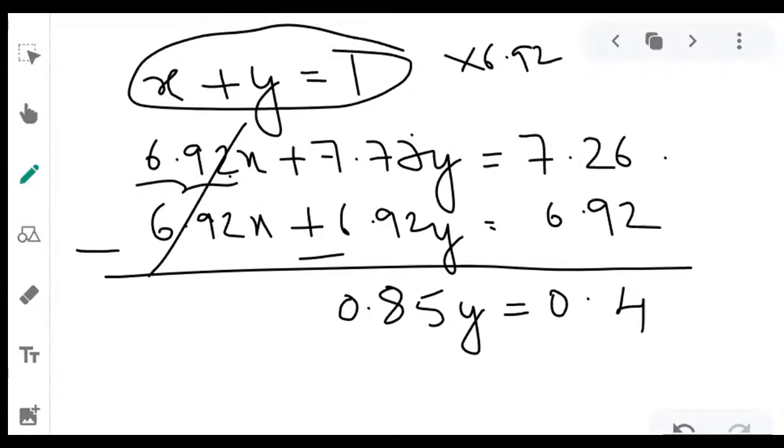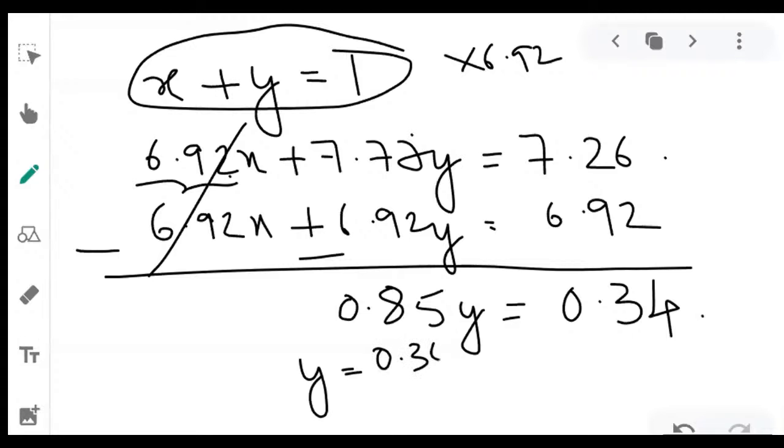Anyone? What is y equal to? 0.34 by 0.85 is equal to 0.4.